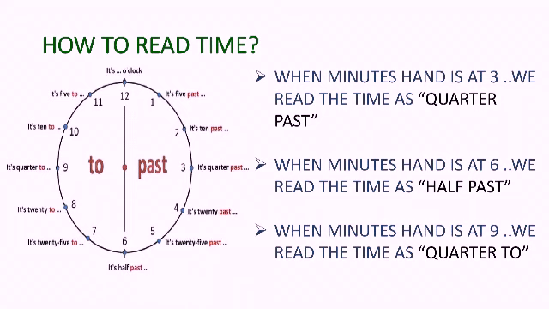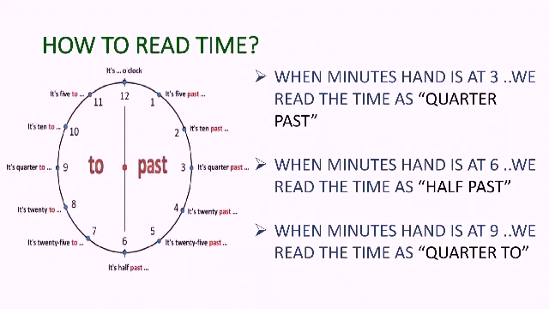Like when you divide something by 2, it is half. So when you divide 60 minutes by 4, you get 15 minutes. So 15 is a quarter, that is a 1/4 part of 60 minutes. That is why if the minute hand is at 3, we say it is quarter past.